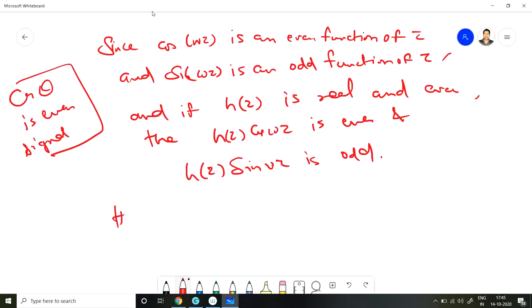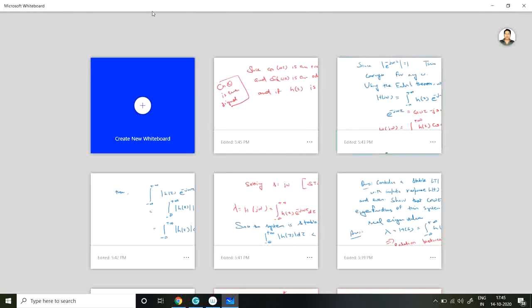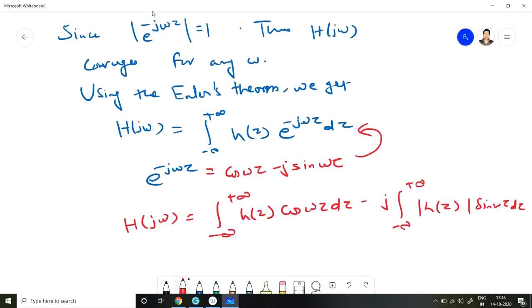So basically H(j omega) will become 2 times the integral from 0 to infinity of h(tau) cos omega tau d tau. What is happening there, please understand: this is an even function, and this is odd.